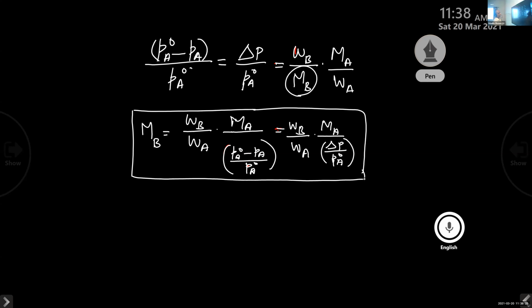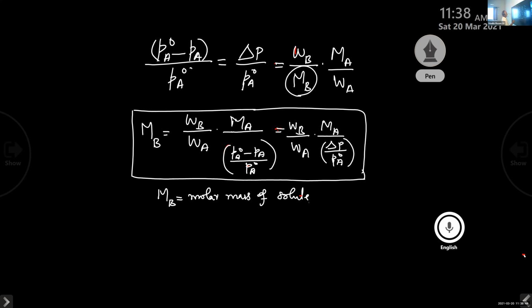So in this equation, which are the terms? MB is equal to the molar mass of the non-volatile solute.